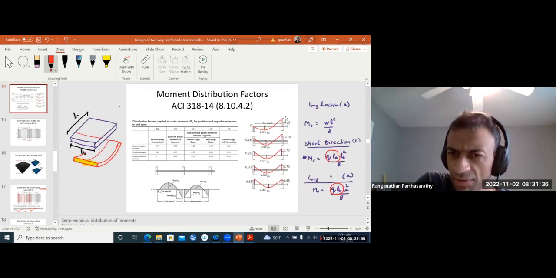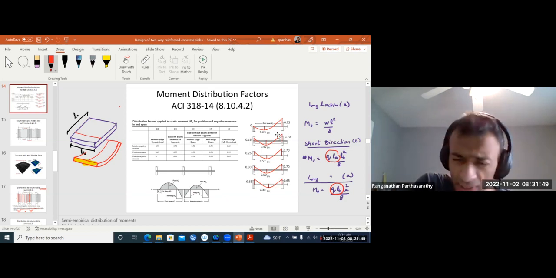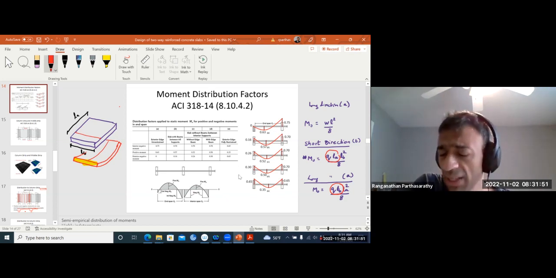For example, for interior negative moment, this is 0.75 M naught. But out of that 0.75 M naught, some percentage will go to column strip, some percentage will go to middle strip.